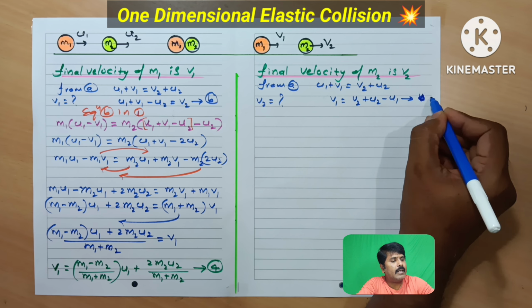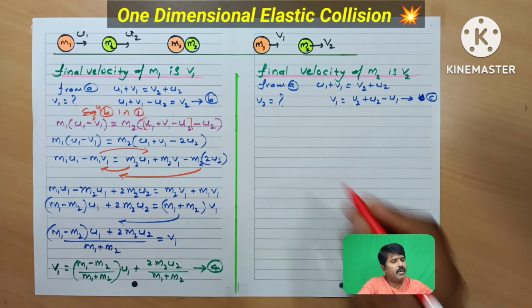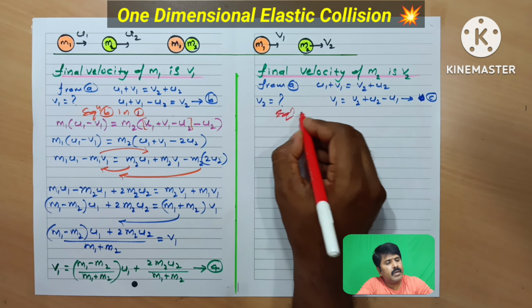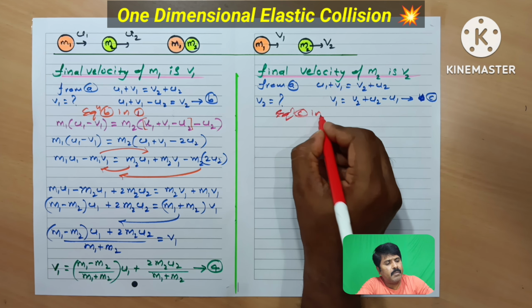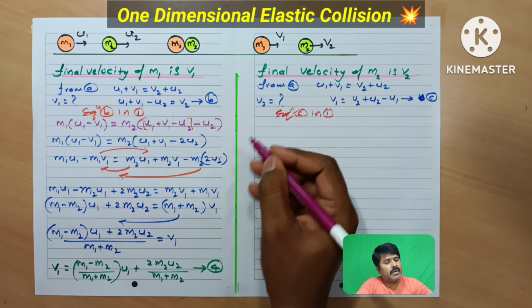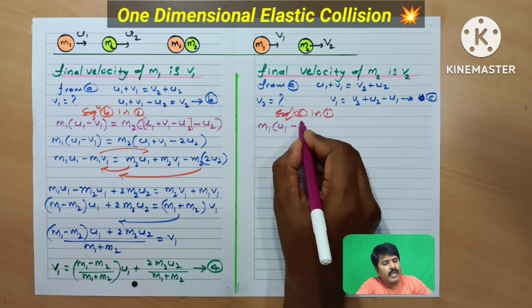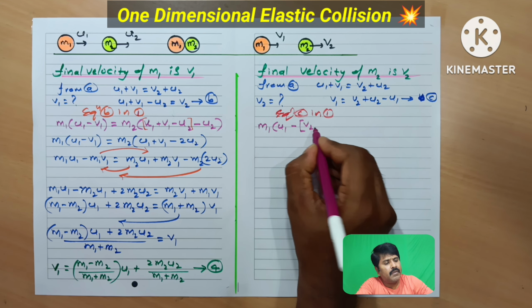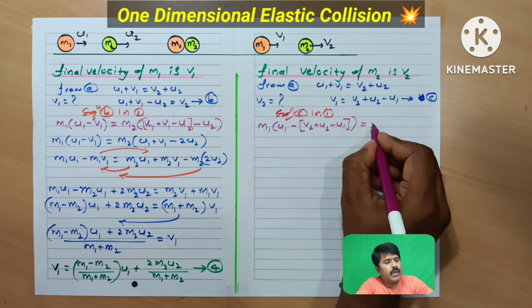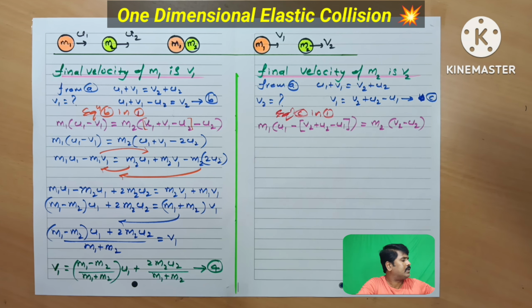And then continuing, substitute equation C in equation number 1, student, so the derivation continues: m1 of u1 minus v1, where the value is v2 plus u2 minus u1, is equal to m2 of v2 minus u2, student.